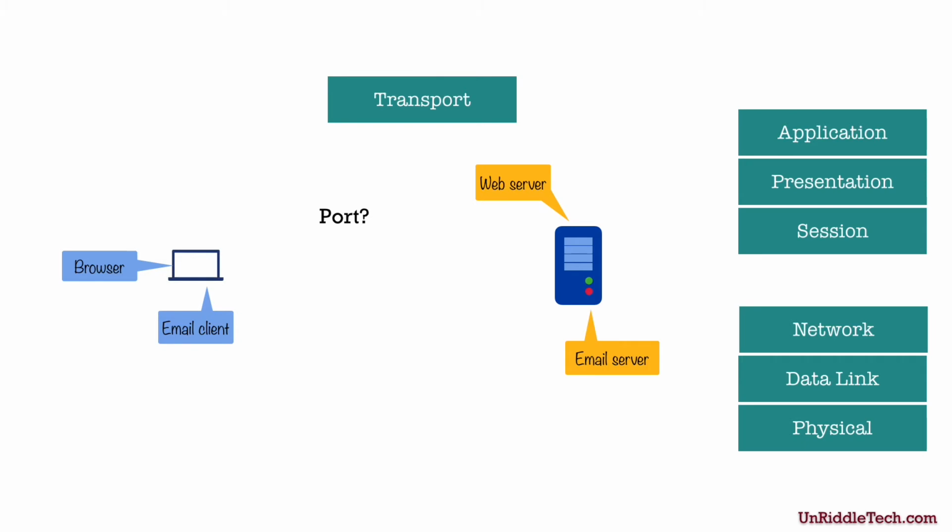How will the web traffic initiated from the laptop browser reach the web service on the server and not the email service? A web service will usually run on well-known ports like 80 for HTTP. Email service will usually run on port 25 for SMTP.